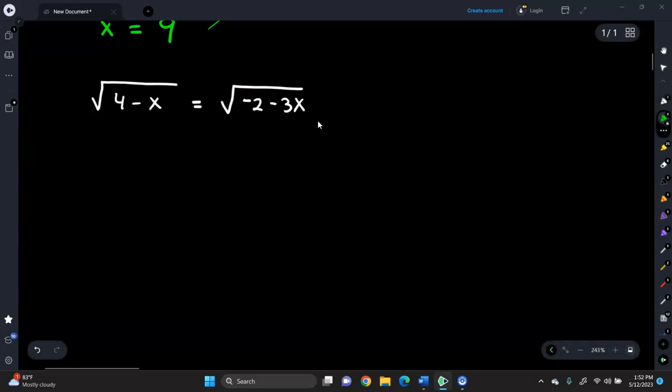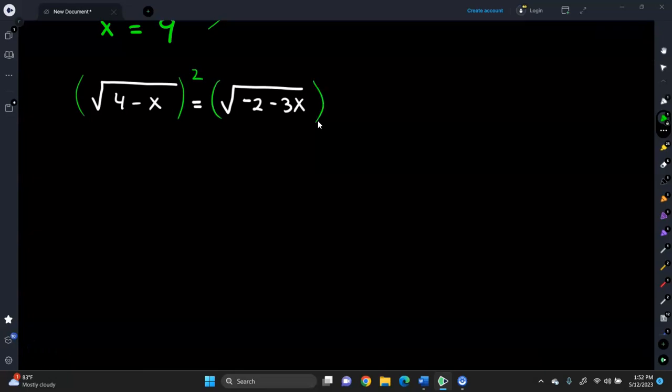Okay, so we're going to square both sides. And when we square a square root, it gets rid of the square root. So this is just 4 minus x equals negative 2 minus 3x. Now we just have a simple equation to solve.